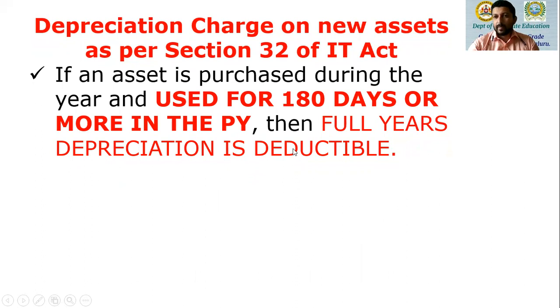So 180 days is the magic number. If a new asset is purchased and put to use for a minimum of 180 days or more, it can be 180, it can be 185, it can be 365 also, full year's depreciation is deductible.